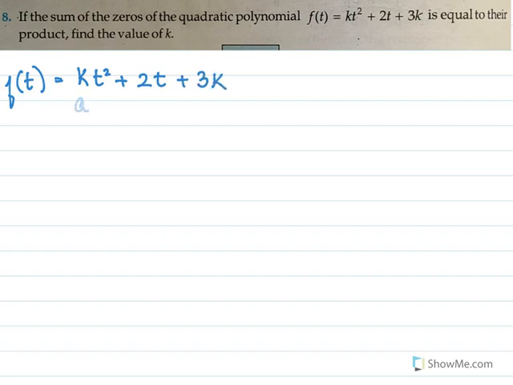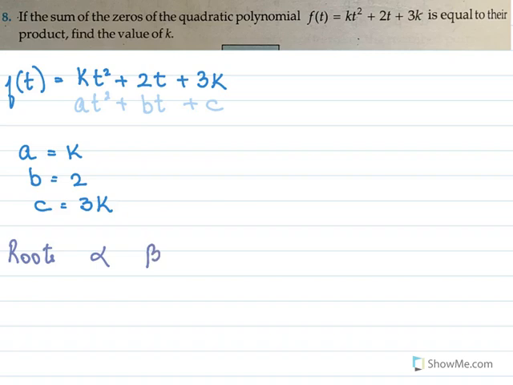When you compare it with the standard at square plus bt plus c, we get a equal to k, b equal to 2, and c equal to 3k. Now the roots are alpha and beta, which means alpha plus beta equal to minus b by a, and alpha beta equal to c by a.